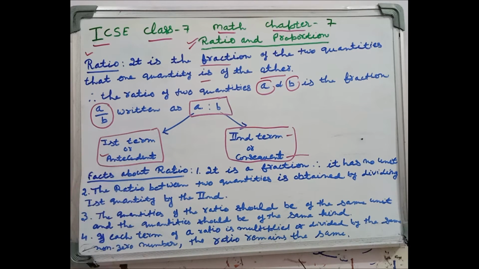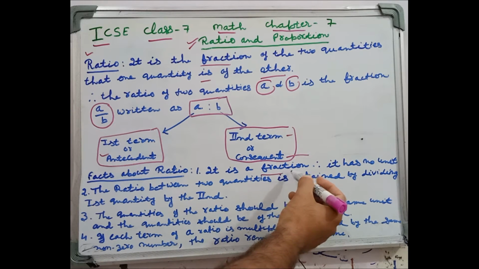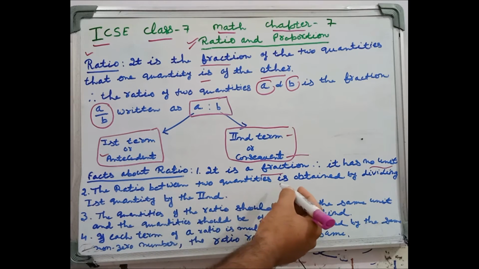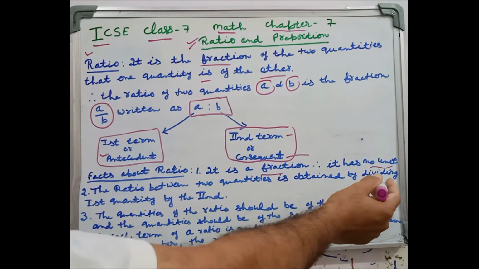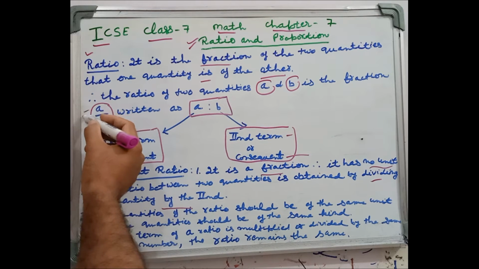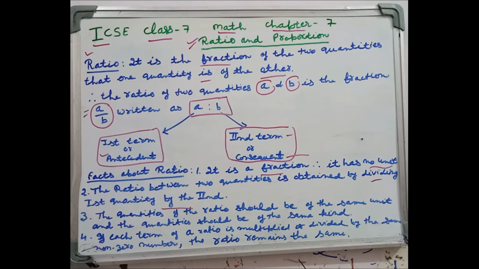Now we have some facts about ratio. First of all, ratio is a fraction, so it has no unit. The ratio between two quantities is obtained by dividing the first quantity by the second, like this fraction. The quantities of the ratio should be of the same unit and same kind.